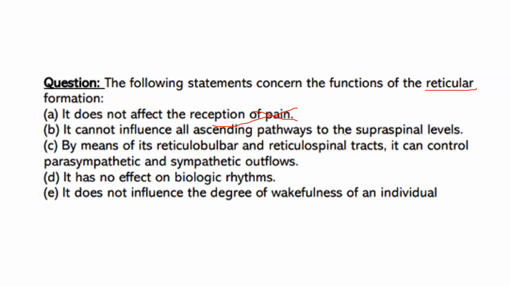That's also wrong, since it influences all the pathways. C, by means of reticulobulbar and reticulospinal tracts, it can control parasympathetic and sympathetic outflows. This one's the correct answer. Because of that, it's going to affect biological rhythms and it's going to influence degree of wakefulness.